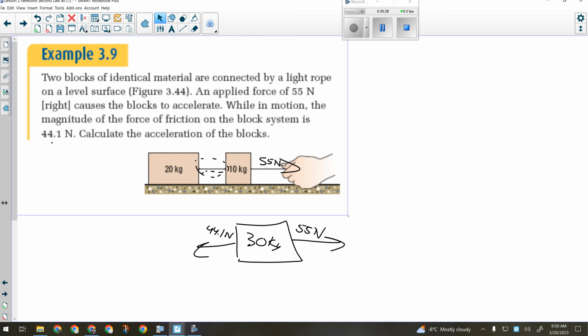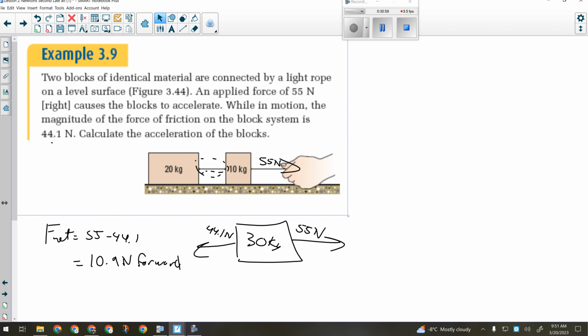Okay, so right now, can I calculate the acceleration of the system? Yeah, pretty easily, right? It's 30 kilograms, and I know the force backwards and the force forwards. Right? So I've got 10.9 newtons forwards as a net force here. Right? So F net equals 55 minus 44.1, so that's going to be 10.9 newtons forward.